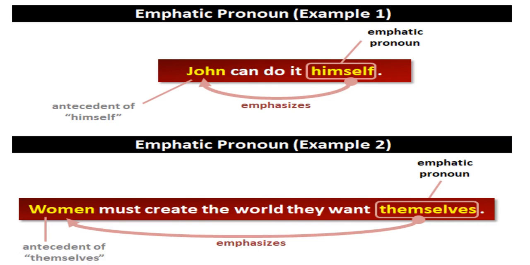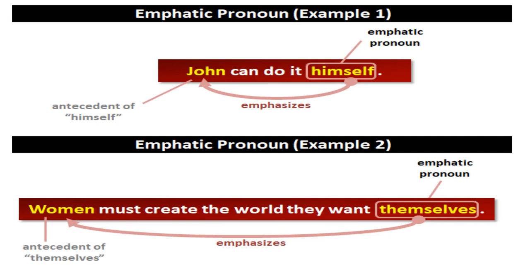John can do it himself. Next sentence is: women must create the world they want themselves. In the first one, John is the antecedent to himself. That is, the work should be processed by him.